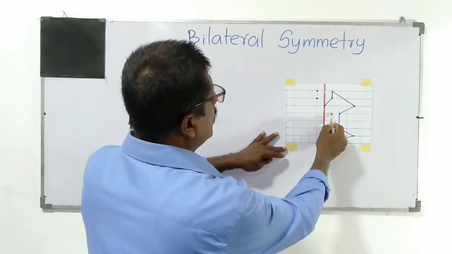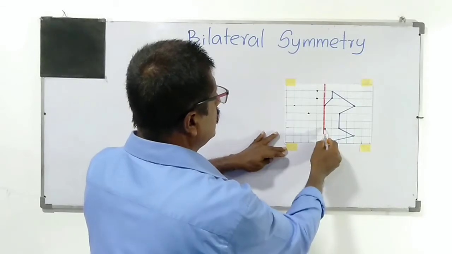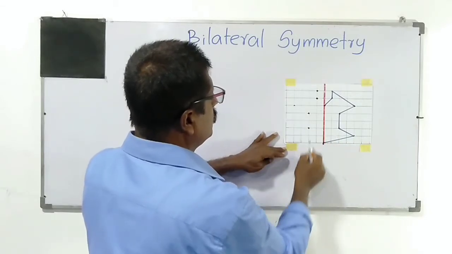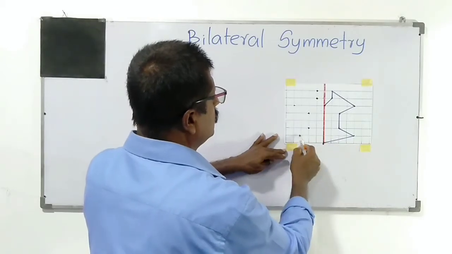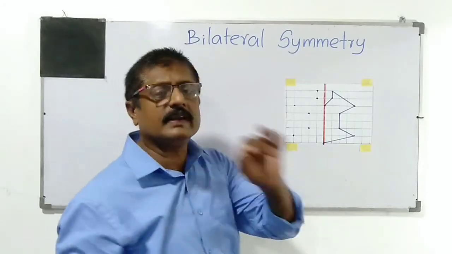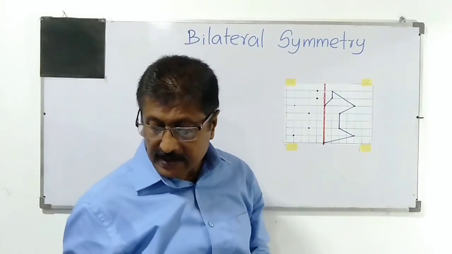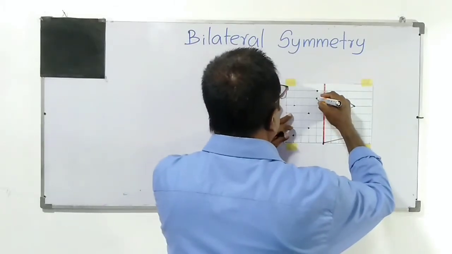Again, 1, 2. Then to this side, 1, 2. This one, 1, 2, 3, 4. Alright. Now we have marked all the necessary points. Now we can join them, like this. Take a foot rule anyway.